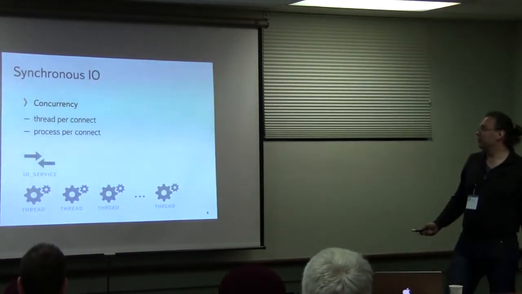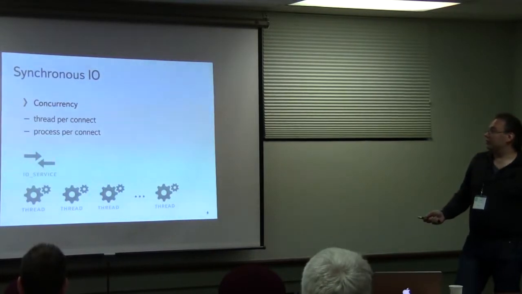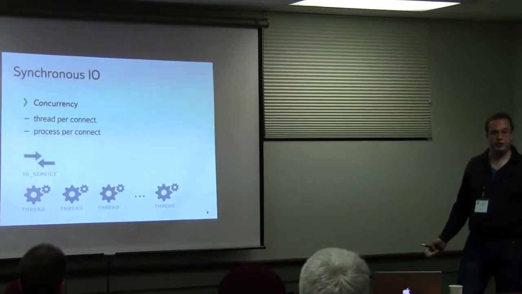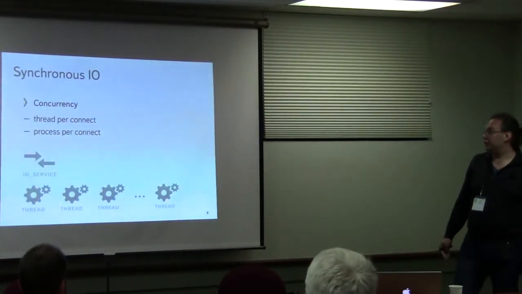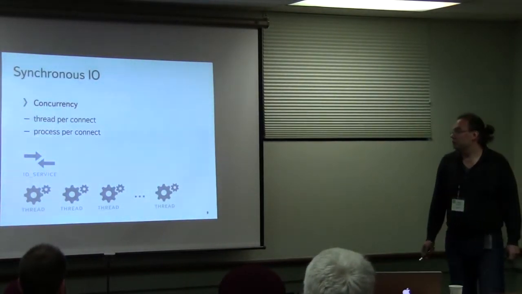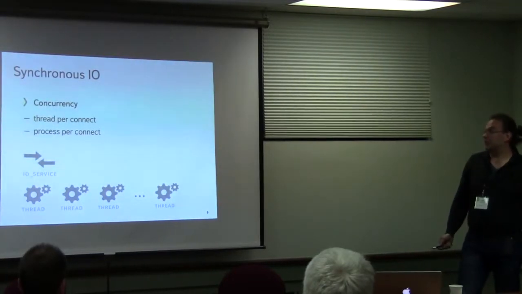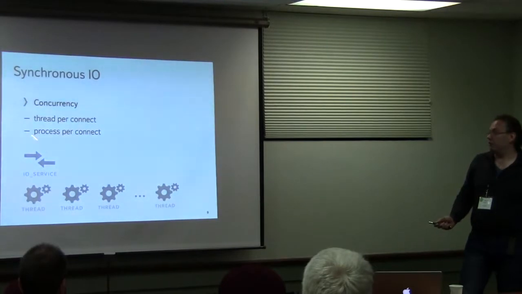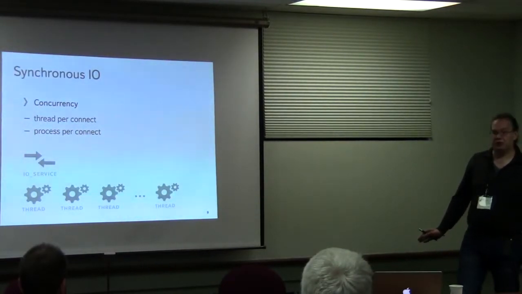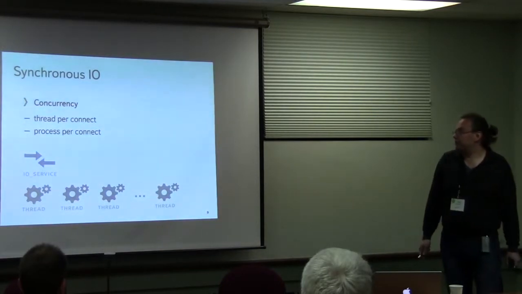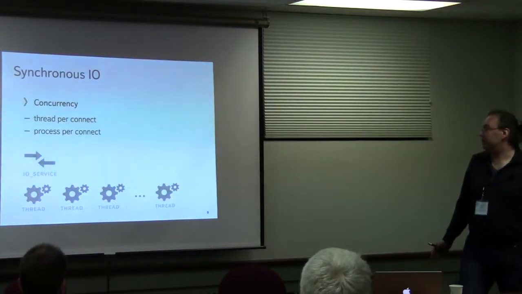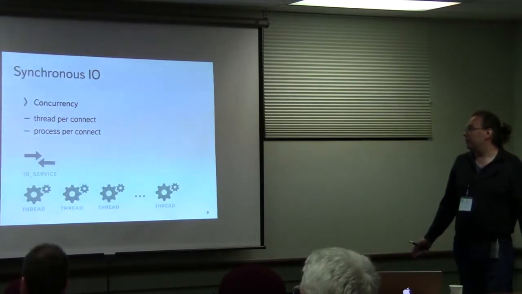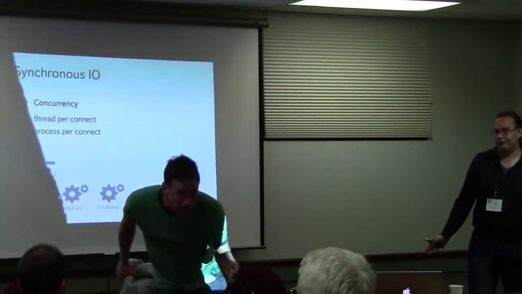And we tried process per connect, where we fork a process for each client connection. Our coworker said, guys, don't lose your time on this one, because it's pretty slow. But we tried. The result of our try we will see later.